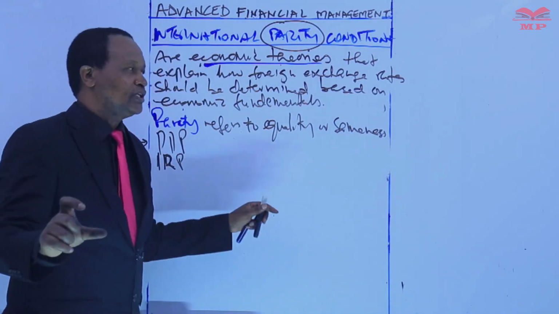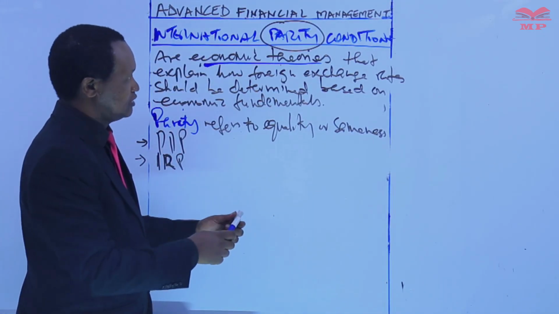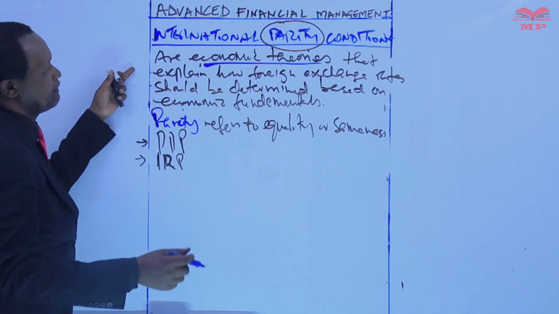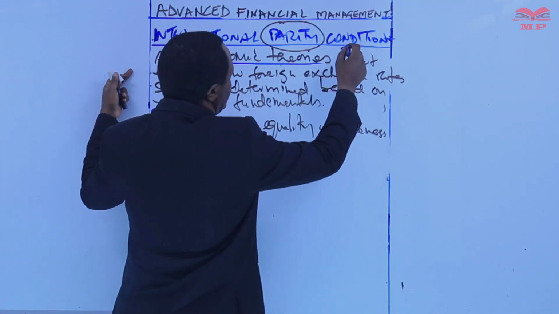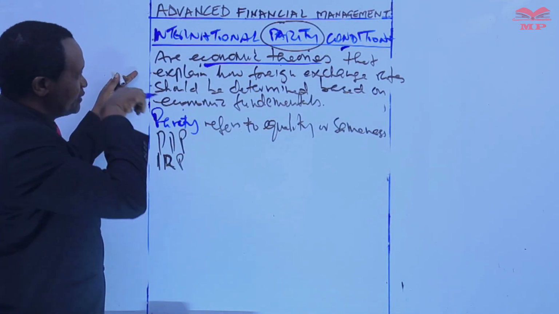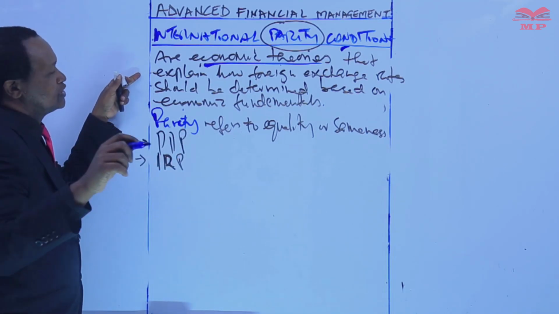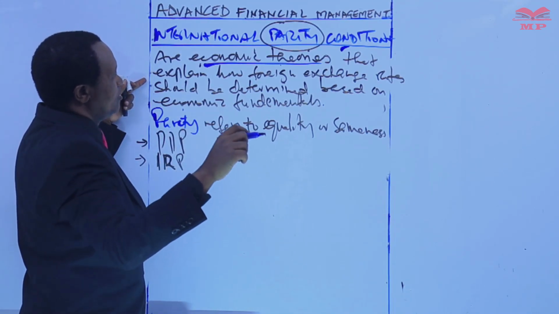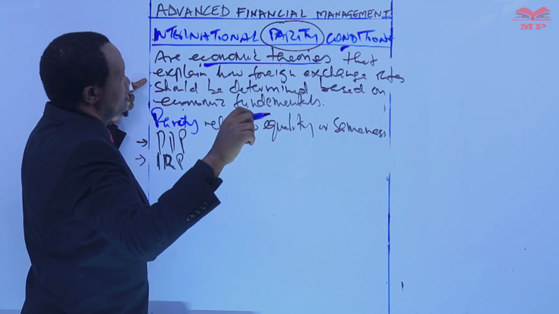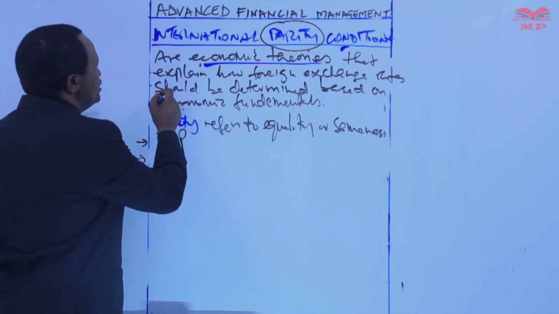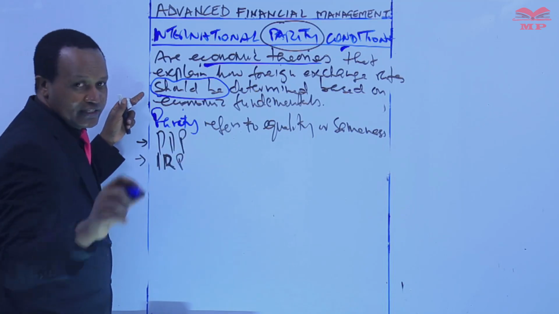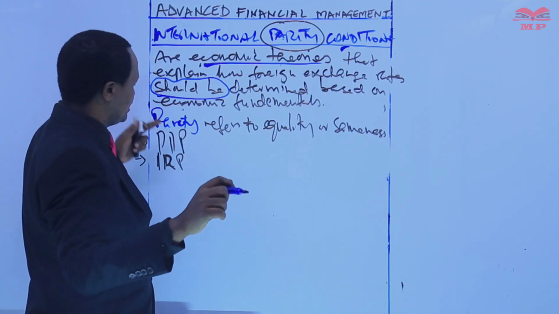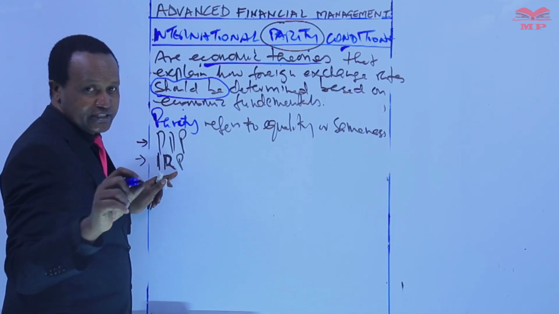That does not mean that that is always the case, because we are studying international parity conditions, and we've said that these conditions are economic theories that explain how foreign exchange rates should be.